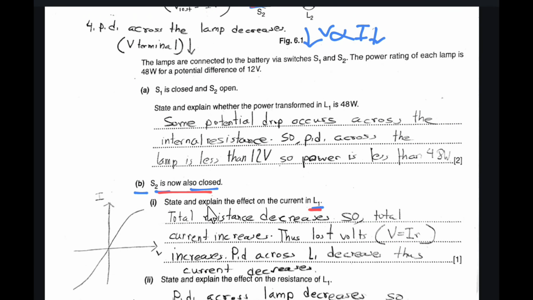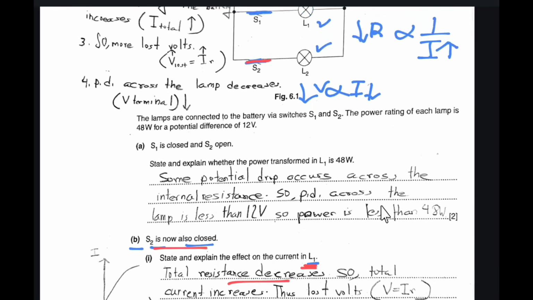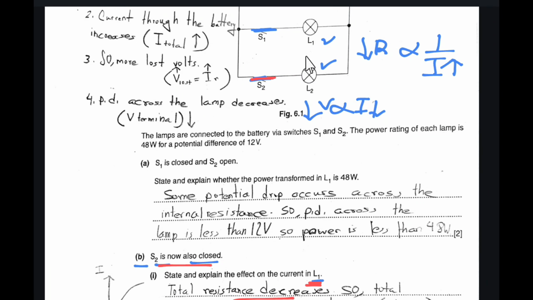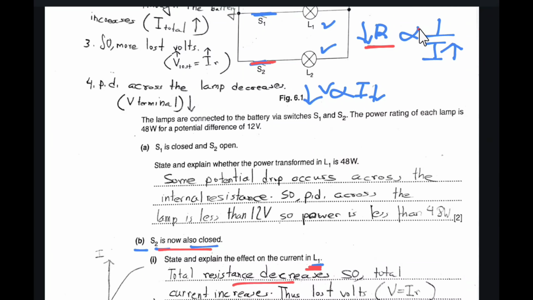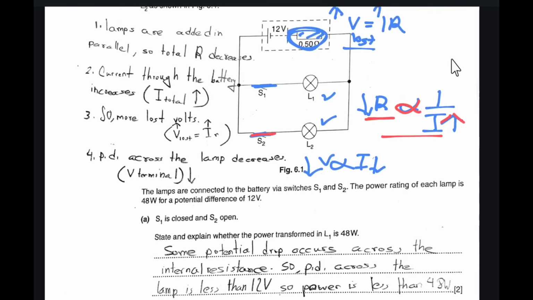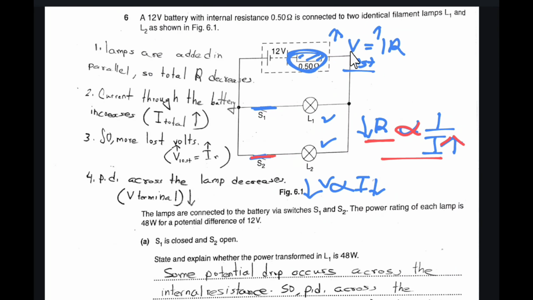So switch S2 is now closed. State and explain the effect on the current in L1. The total resistance decreases. As the switch S2 is closed and due to this parallel circuit, the total resistance decreases. Resistance decreases, and as resistance is inversely proportional to current, current increases. Then as current increases, the lost volt is equal to Ir, so the lost volt increases.